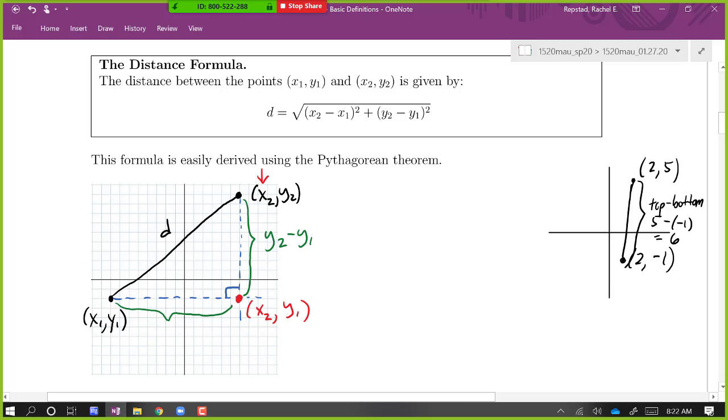Now, what about a horizontal distance? Going back over here on the right, suppose I have this point here, which is (-3, -1). It's the same y-coordinate, which means that's going to be perfectly horizontal. What would that distance be?